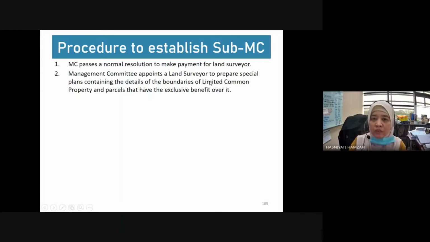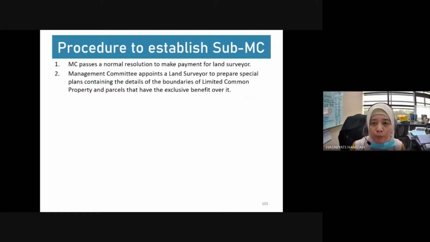So satu, the boundaries of the limited common property, and also identify, put on the SP, the special plan, the parcels that can use the exclusive benefit just now, the definition of exclusive benefit, which is satu, the exclusive right, exclusive use and also enjoyment of the limited common property, and also receive the contribution of income kan, or earnings from the limited common property. Anyway, so they identify the boundaries and also who, the parcels, the proprietors, the parcels that can be associated with the limited common property.